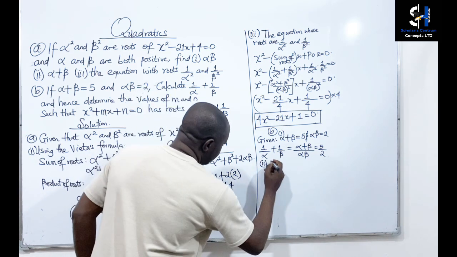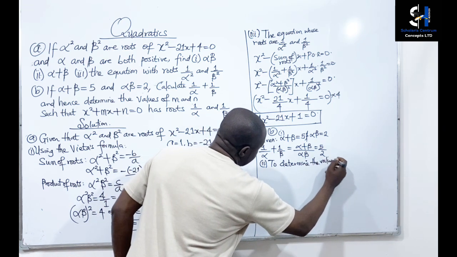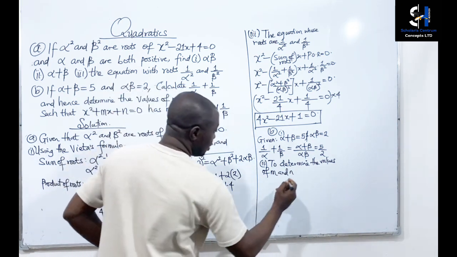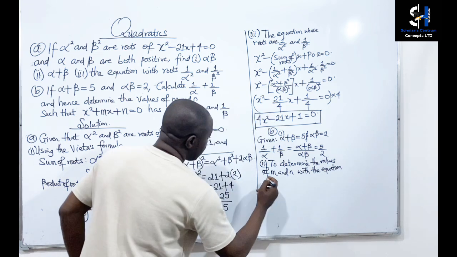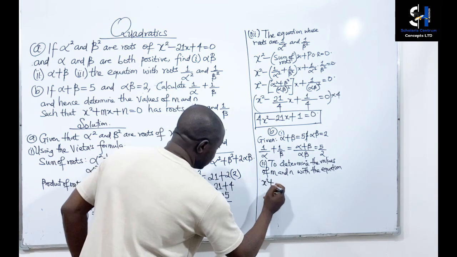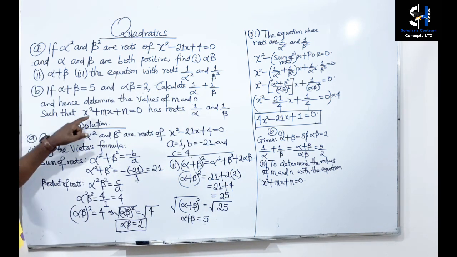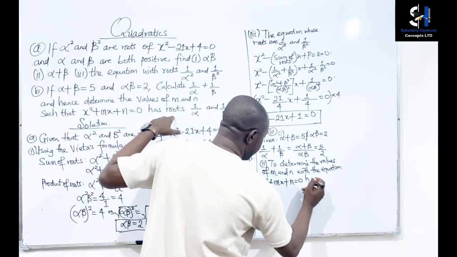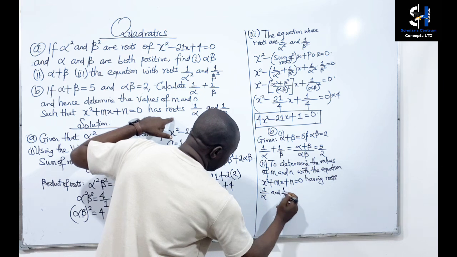To determine the values of m and n, with the equation x squared plus mx plus n equals 0, having roots 1 over alpha and 1 over beta.